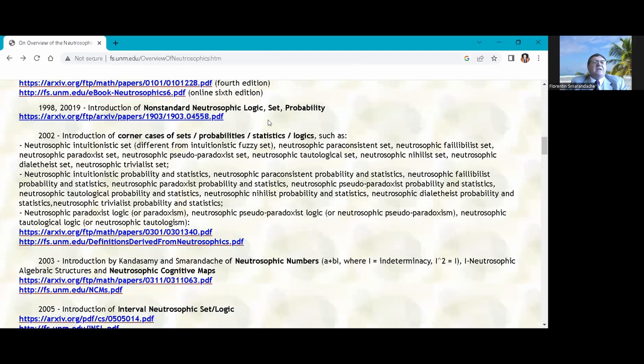Now, I started in 1998 using non-standard neutrosophic set, logic, and probability.